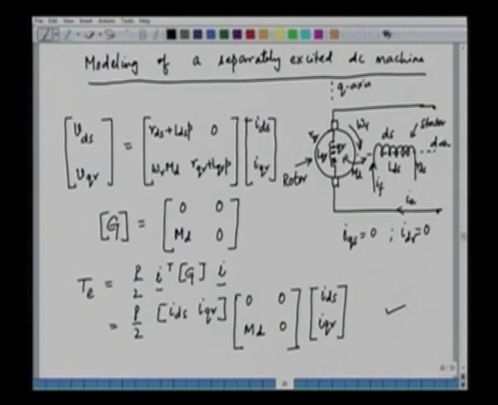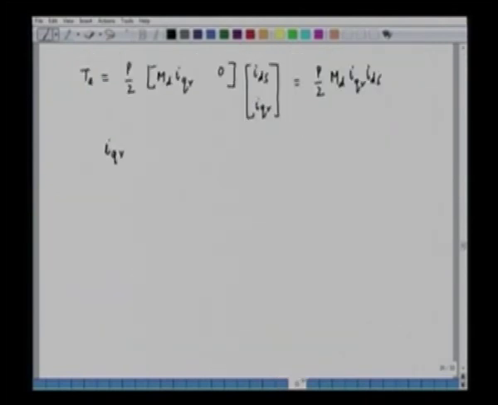So IDS is the same as the field current and IQR is the same as the armature current. So we can replace IQR by IA, the armature current, and IDS by IF, the field current. So we can say that TE is equal to P by 2 into MD into IA into IF. So this is the torque equation of a separately excited DC motor.